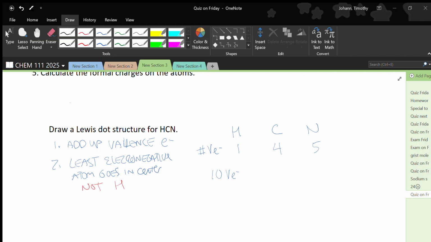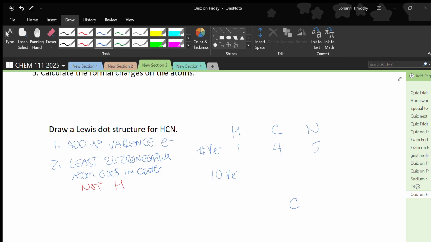Carbon, right? Remember, we get more electronegative as we go to the right on the periodic table and we go up. Remember that electronegativity is how much an atom wants electrons. So by going in the center, carbon is going to have to share more than the atoms on the outside. All right? And it's least electronegative. It wants electrons the least, so it's willing to share more.